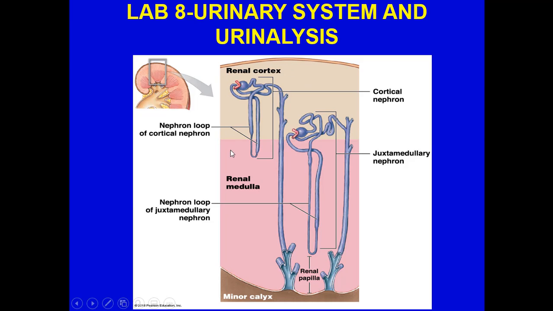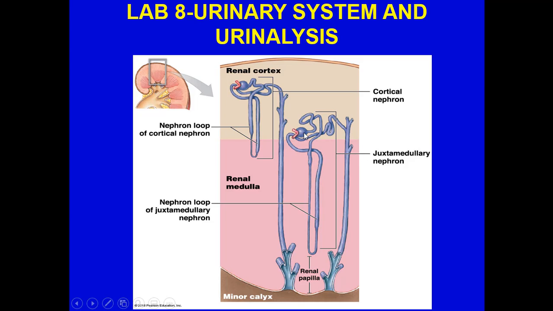Now, this is a cortical nephron. How do you tell? Because 85% of the nephrons are in the form of a cortical nephron. What you have here are the juxtamedullary nephrons. Think about it this way, crossing deeply into the renal medulla.